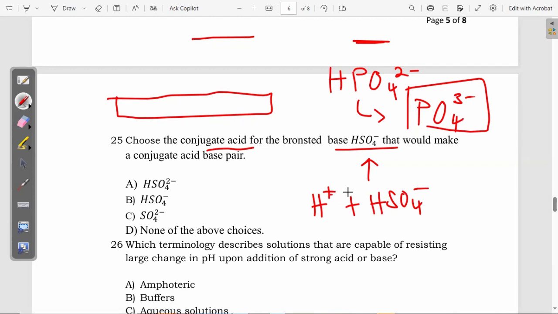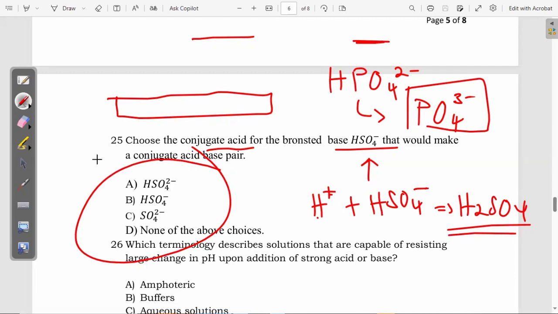The positive and the negative cancel out, and then H plus H, I get what? H2SO4, like this. When I come here, I cannot find it anywhere. So I'm also going to choose none of the above there. None of the above choices. So that's the answer there. Okay, so any questions there?